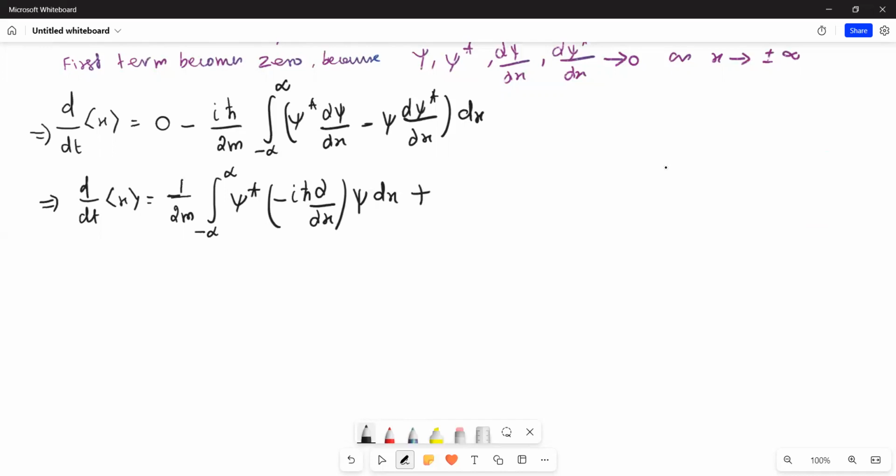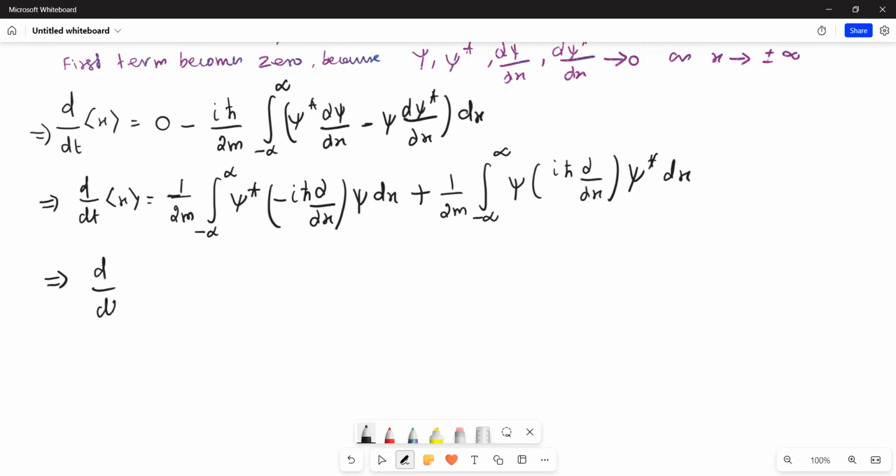Again, this you need one more time. You should use 1 by 2m here, then the integral over minus infinity to plus infinity. What will you get? Now psi. Here there is no minus. So plus i h cross dou by dou x, then psi star is there, then dx. So now come to the point. d by dt of the expectation value of x is nothing but 1 by 2m.